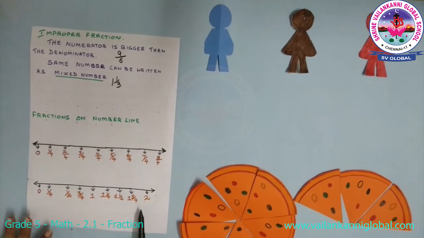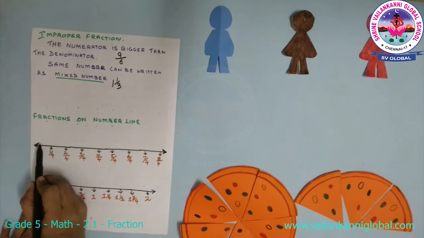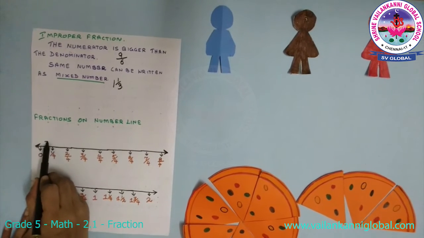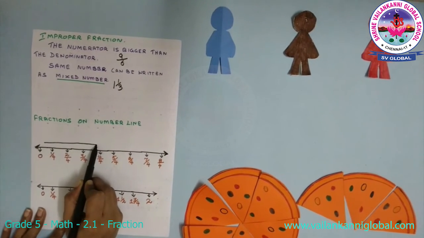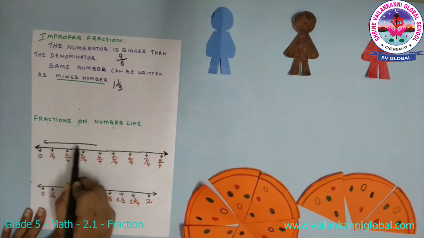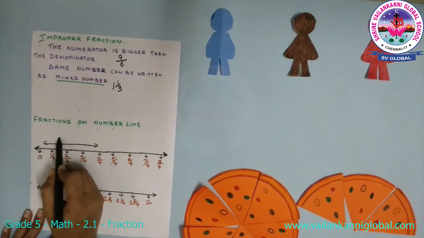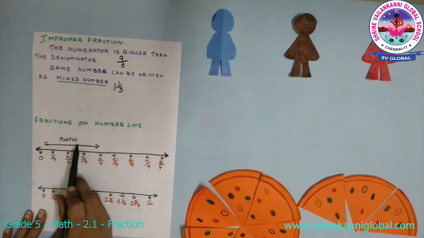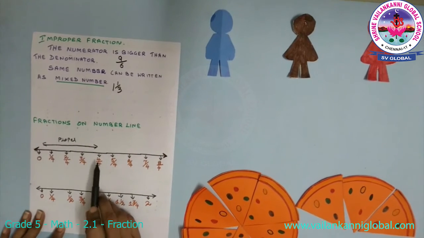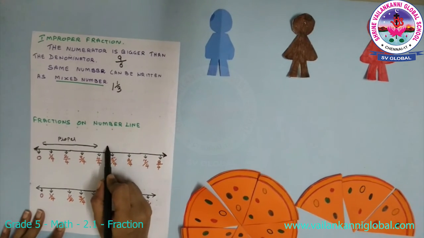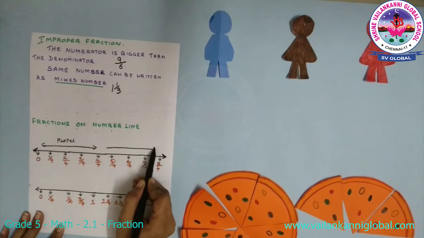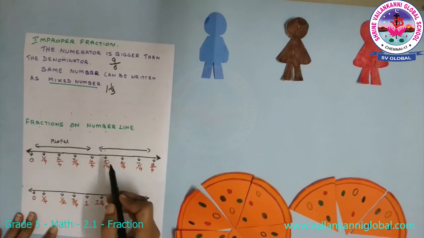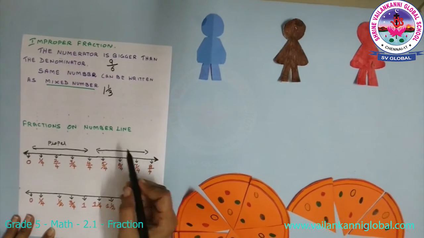So from this, what do you understand? Between 0 and 1, all the fractions are proper fractions. All the proper fractions lie between 0 and 1. Then the improper fractions and mixed numbers all lie after 1, that is, greater than 1.